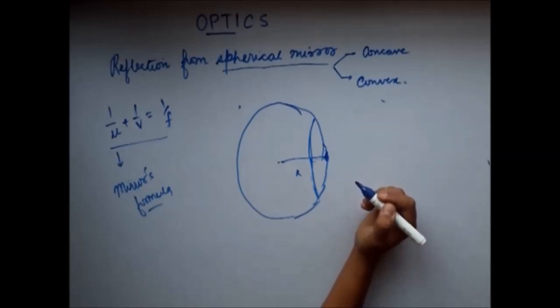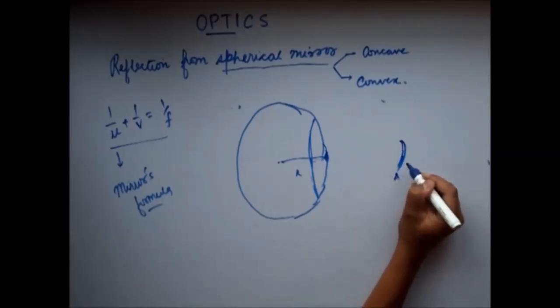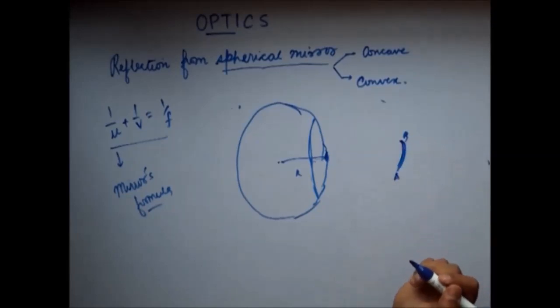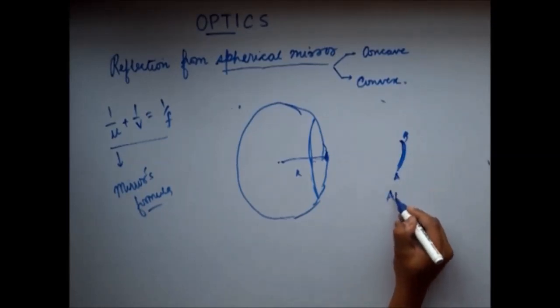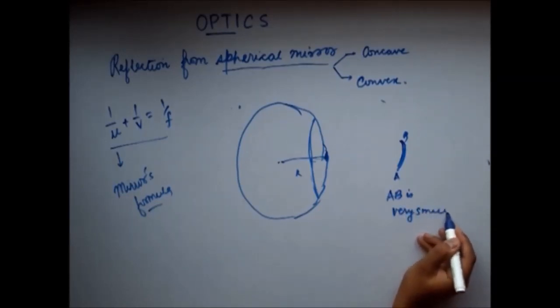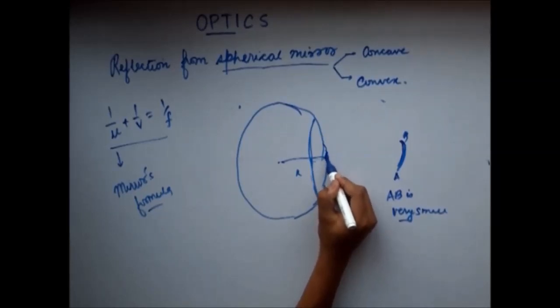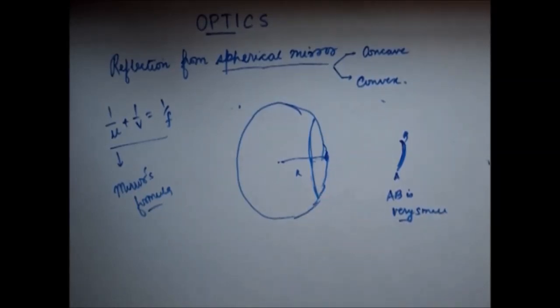That means when we are talking about this mirror with aperture, let's say AB, actually AB is very small. We draw it big, but actually it's very small. So we cut a very small portion like this from here.